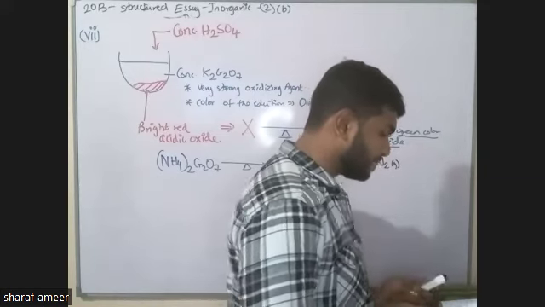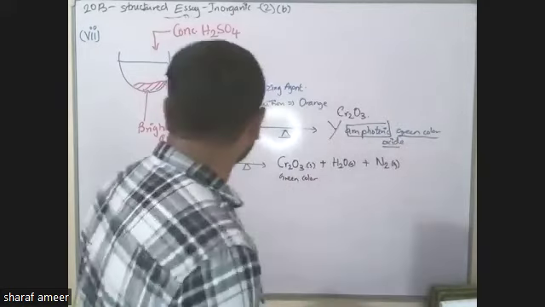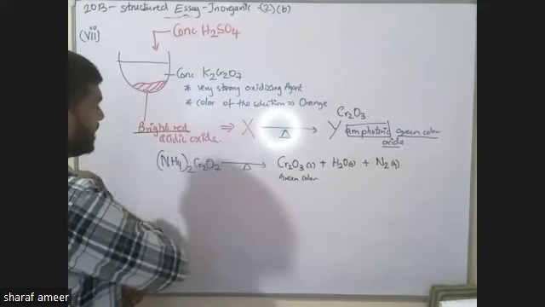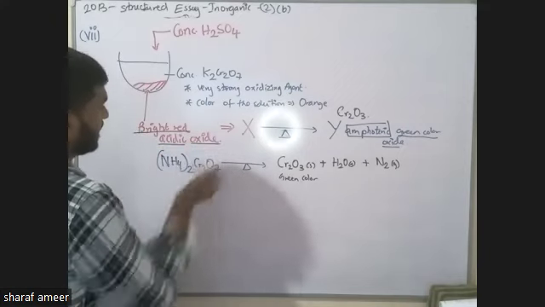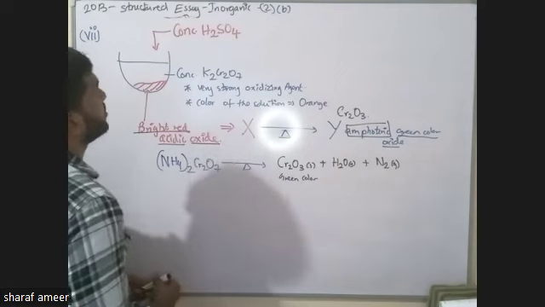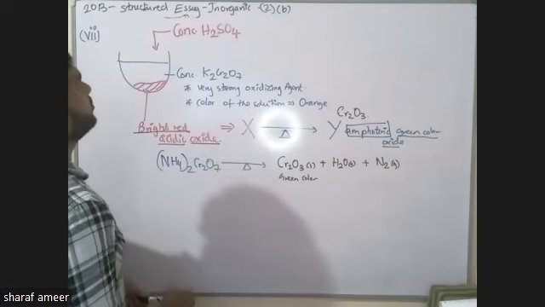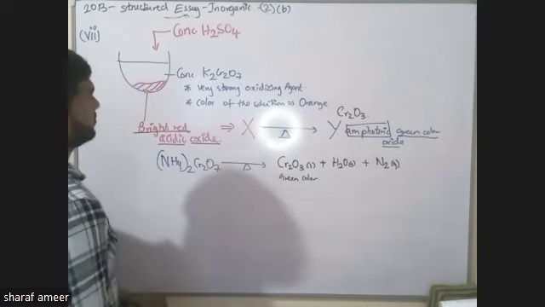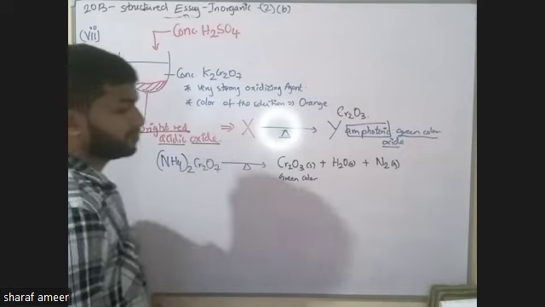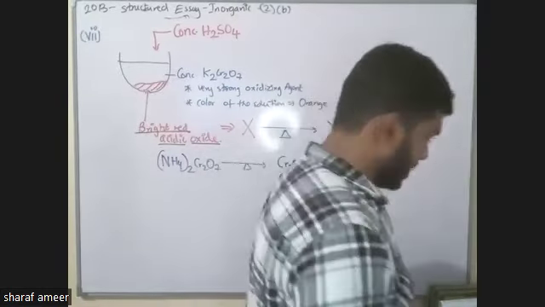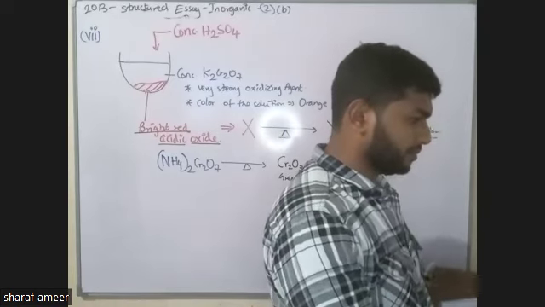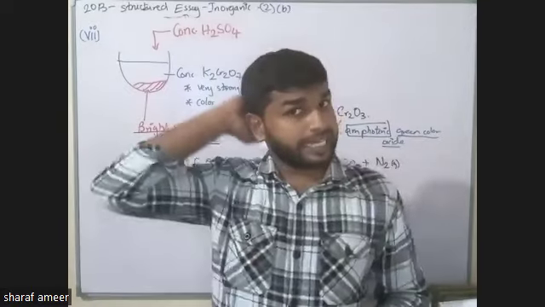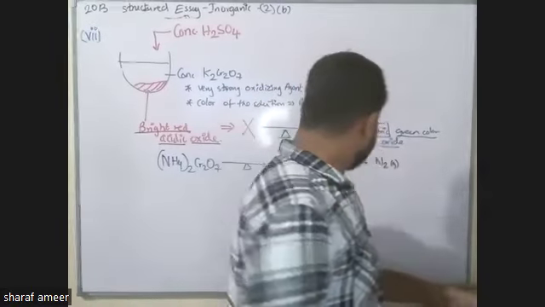Now see, the bright red acidic oxide is an oxide, and you are using conc. H2SO4.